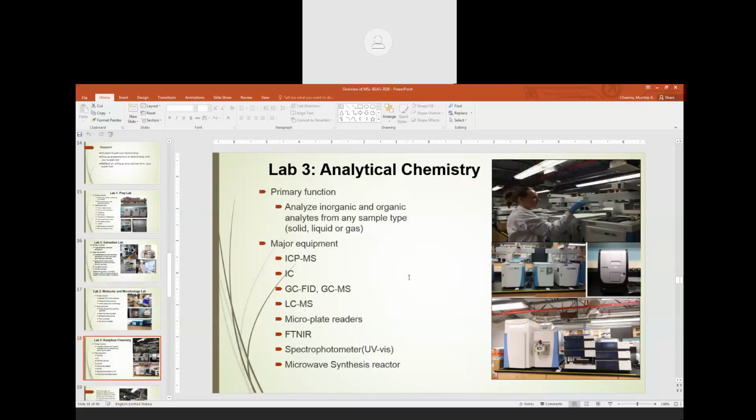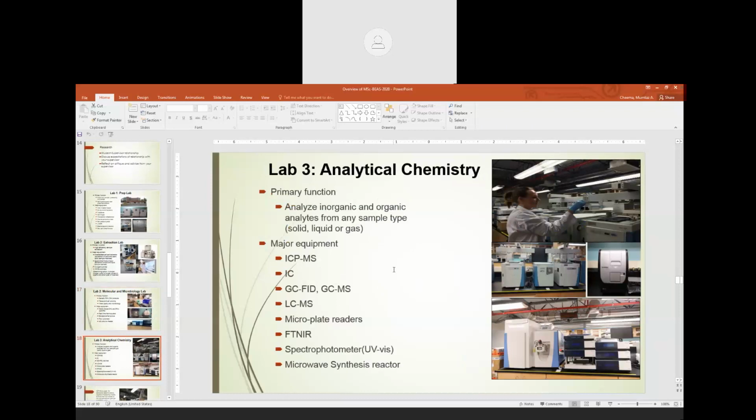Okay, so the third lab, that is the analytical lab, and in this lab we have a suite of equipment, and we can do any kind of inorganic and organic analysis using solid, liquid, or gas samples. For example, you have plant samples, you have soil samples.